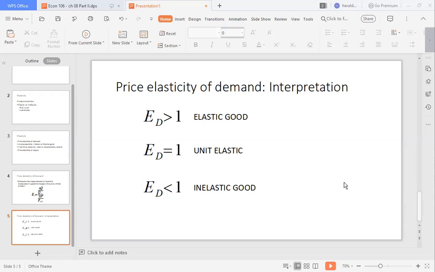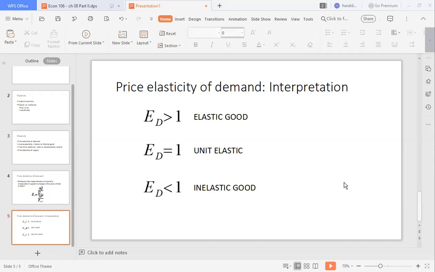Again, medicines go back to the factors that determine whether a good is elastic or inelastic, and medicines are part of that. They don't have that many substitutes, and they're also considered a necessity. There was a study that tried to determine which goods are inelastic in nature.